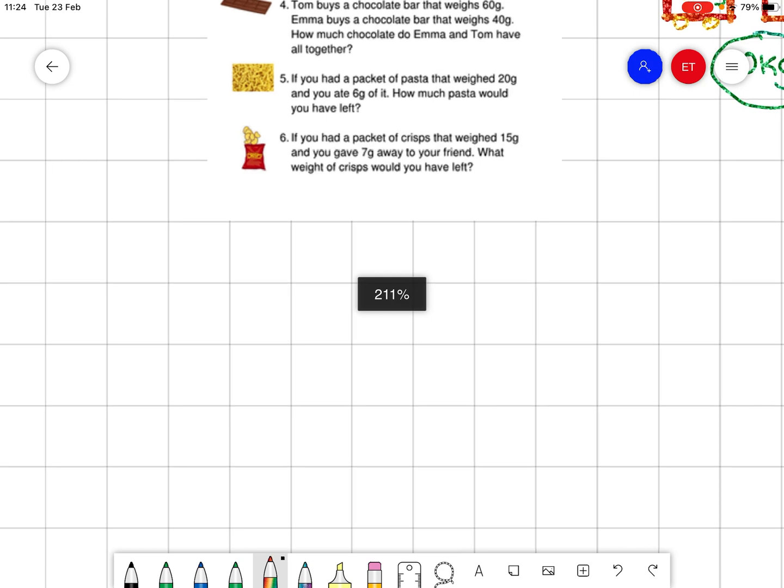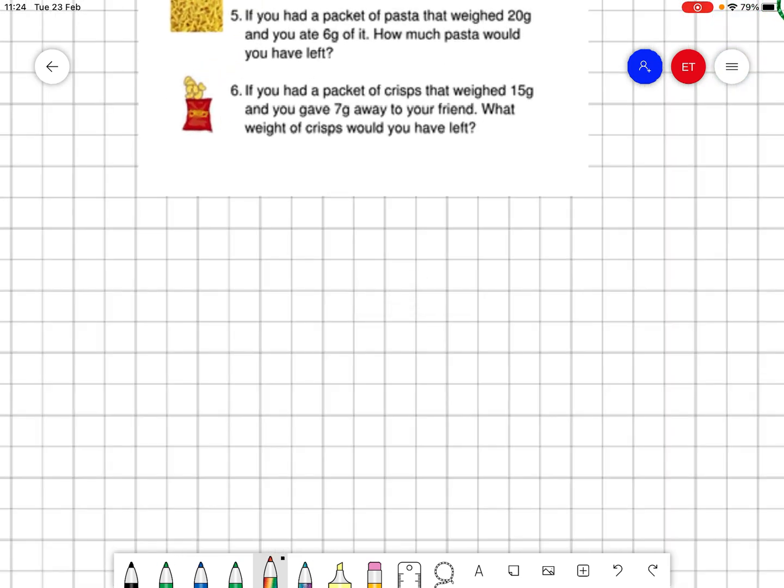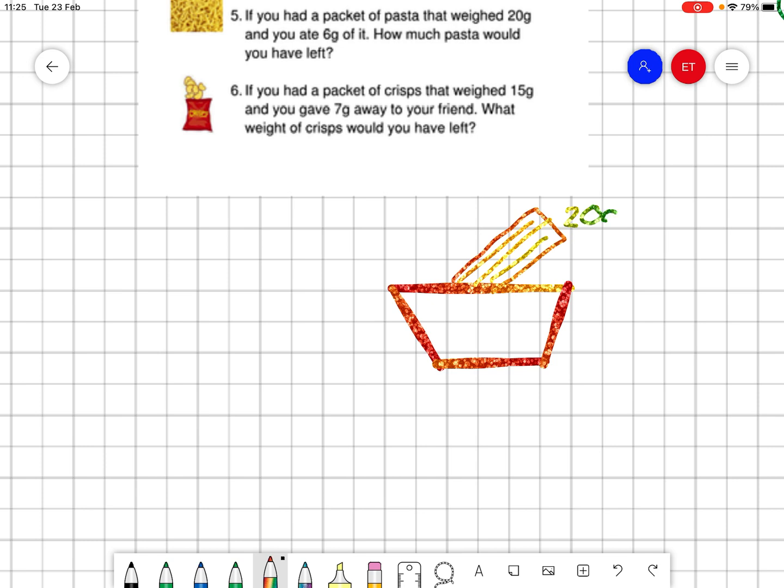Well, let's draw out this one. So we'll draw some scales again. Okay, so you have some pasta that weighed 20 grams. I'm just going to put it in the packet. Okay, some pasta, and that's 20 grams.